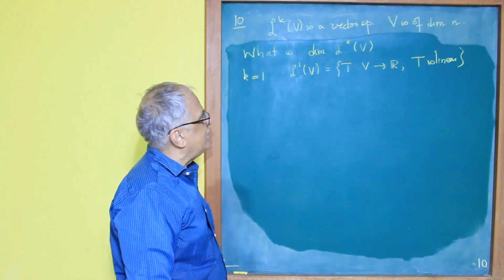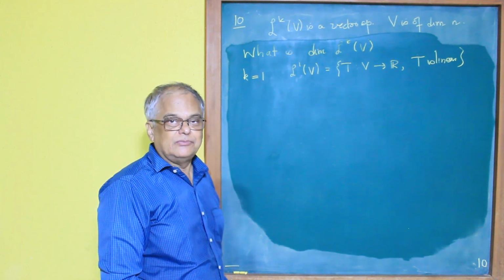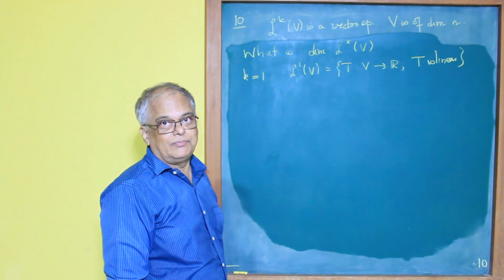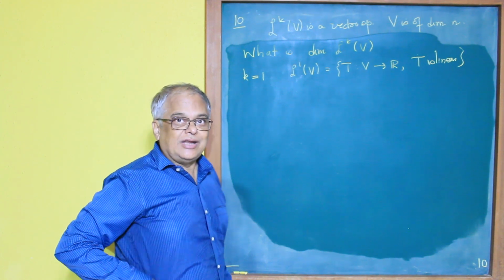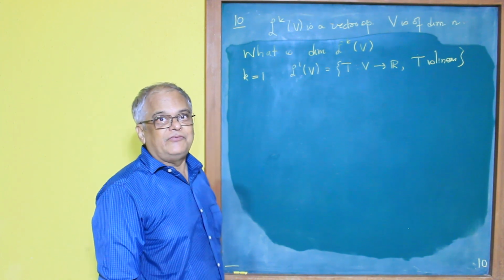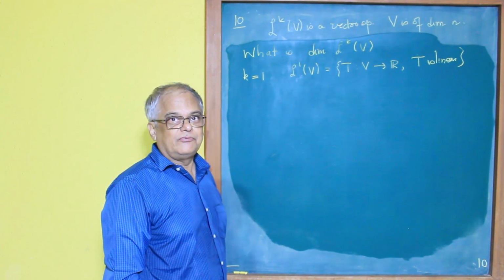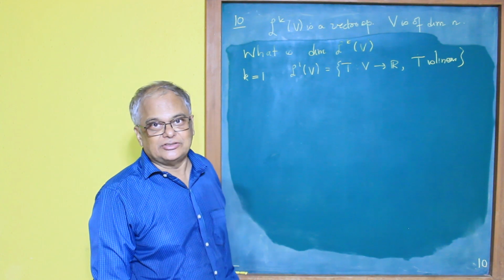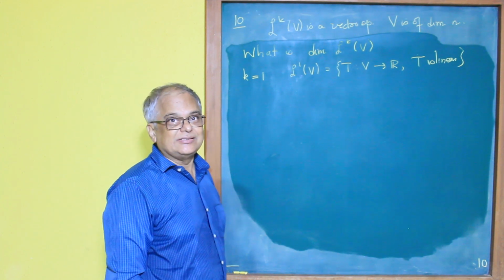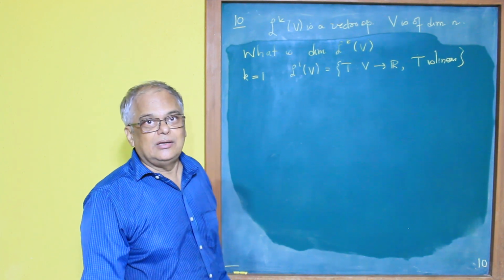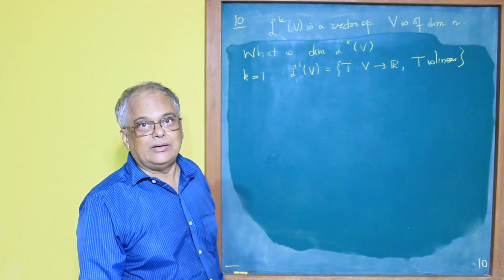And therefore L_1(V) is the space of all linear maps from V to R. But we already know what the dimension of this space is. If V is n-dimensional, then the space of all linear maps from V to R is also n-dimensional. And we know a basis. If we know a basis of V, then we know a basis of L_1(V).